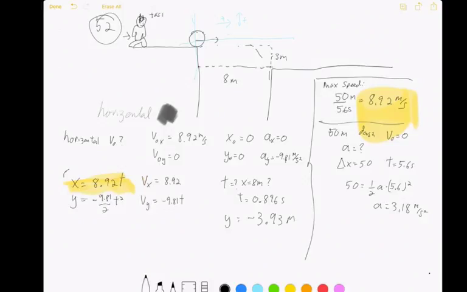And that would mean that its final velocity, you can calculate that using vf squared minus v initial squared equals 2a delta x. Your initial velocity is 0, so vf squared is 2 times 3.18 times 50, square root it.